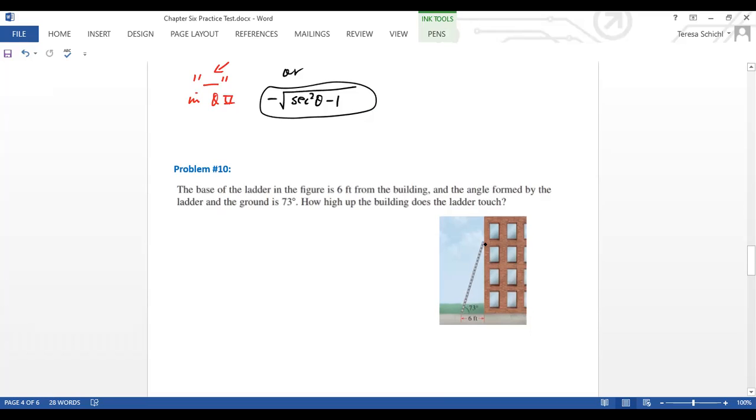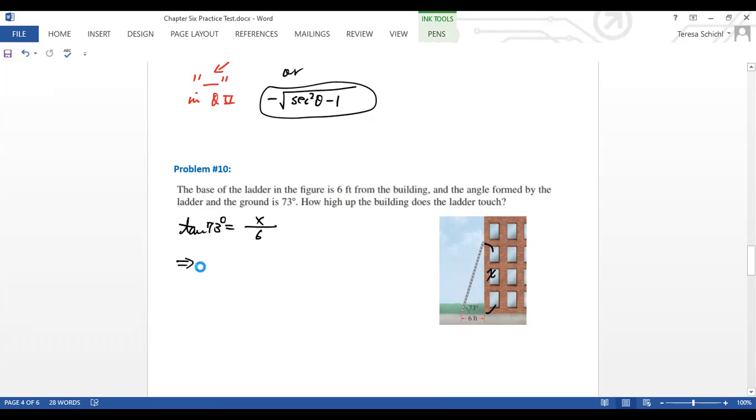I want to see how high up the building the ladder touches, right? So if I say this is x, what is the relation of x and 6? I know it's a tangent. So I can say tangent 73 degrees is opposite over adjacent, so it's x over 6, right?